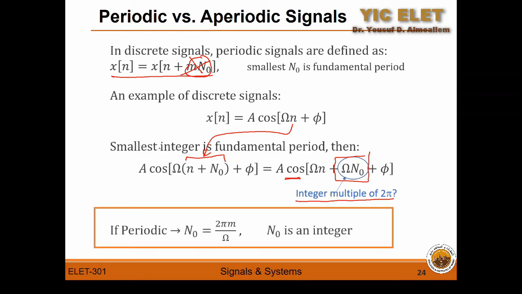So not each and every cosine function in discrete is periodic, so it has to have a condition, and the condition is given by this one. If it is periodic, then we must find a value that satisfies this function, and this will be our fundamental period, and it has to be an integer.